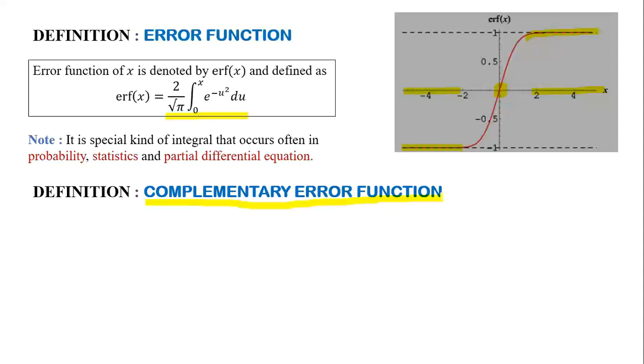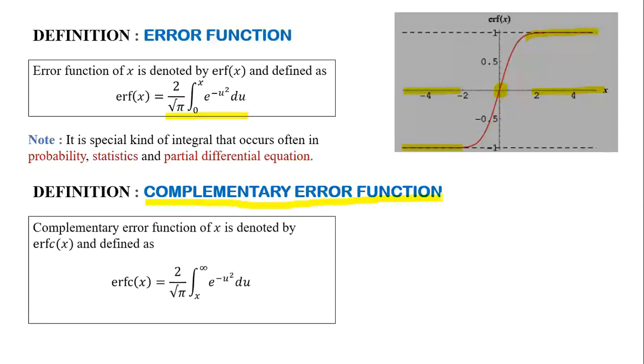In the same manner, if error function of x is your given function, then its complement is 1 minus error function of x. And in terms of integral, this can be written as the complement error function of x, denoted by erfc of x, is equal to 2 by root pi integration from x to infinity e raised to minus u square du.